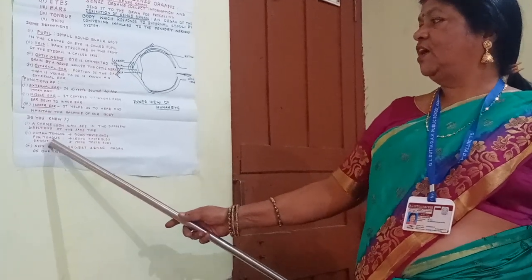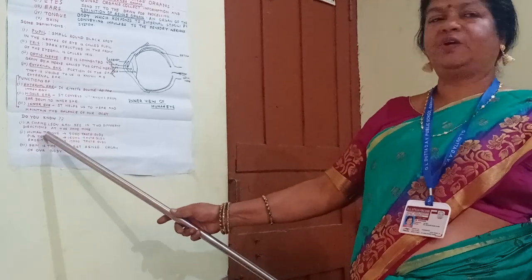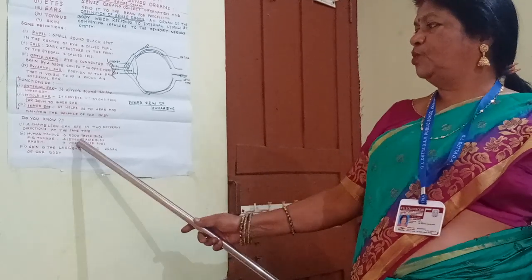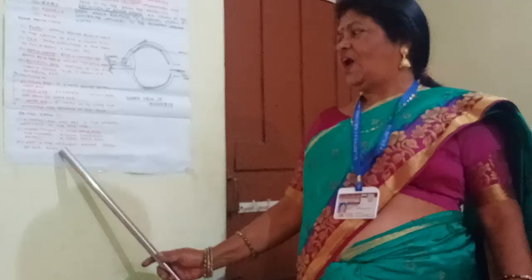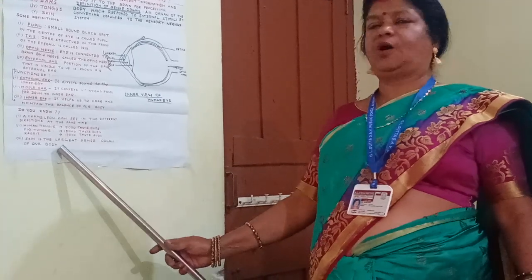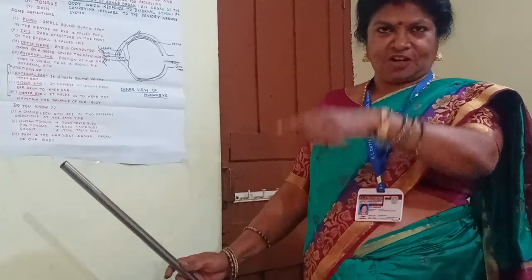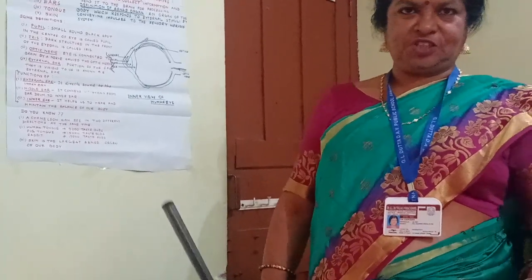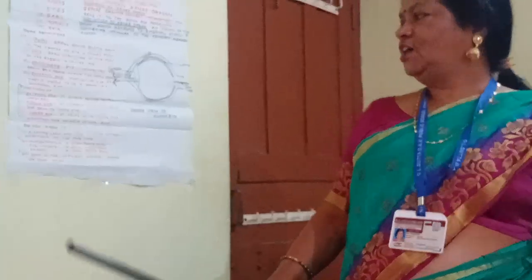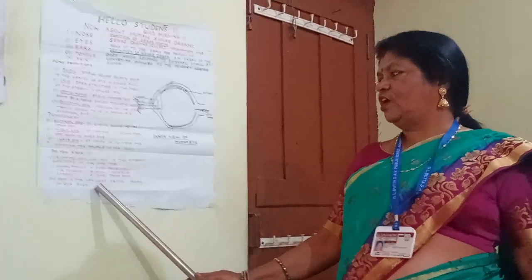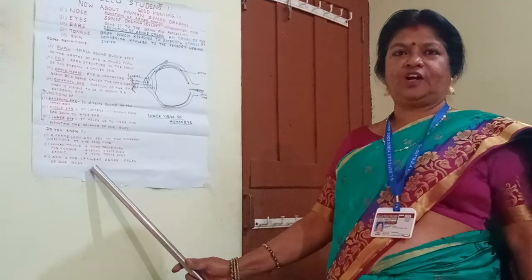And there are 9,000 taste buds on the human tongue. For a pig it is 15,000. For a rabbit it is 17,000. And skin is the largest sense organ of our body. Its area is very large from top to bottom, isn't it? Skin is everywhere, so its area is very large, and that is why it is the largest sense organ of our body.